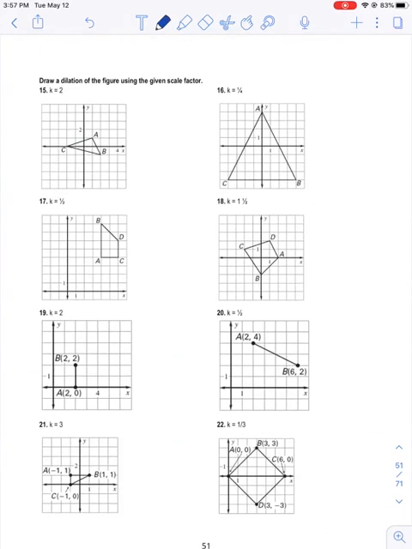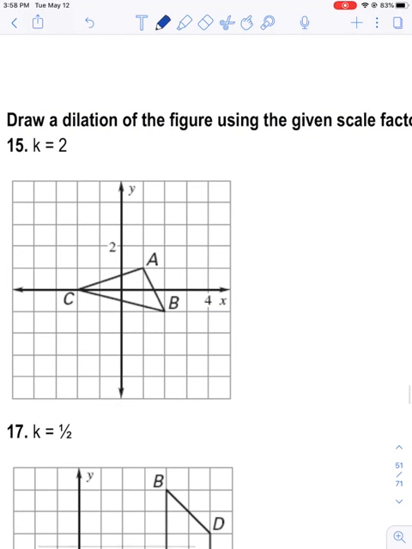A page like this is really similar. What my strategy would be to start is to list out what points A, B, and C are at. So I would say like A is at 1, 1, B is at 2, -1, C is at -2, 0.